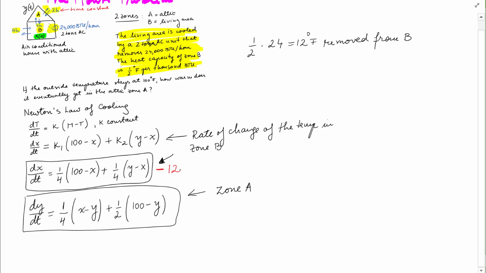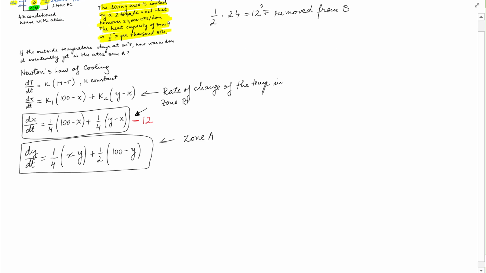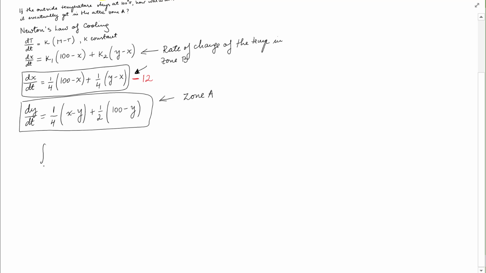So the actual system is this: dx/dt equals 25 minus 1/4x plus 1/4y minus 1/4x minus 12, and dy/dt equals 1/4x minus 1/4y plus 50 minus 1/2y.